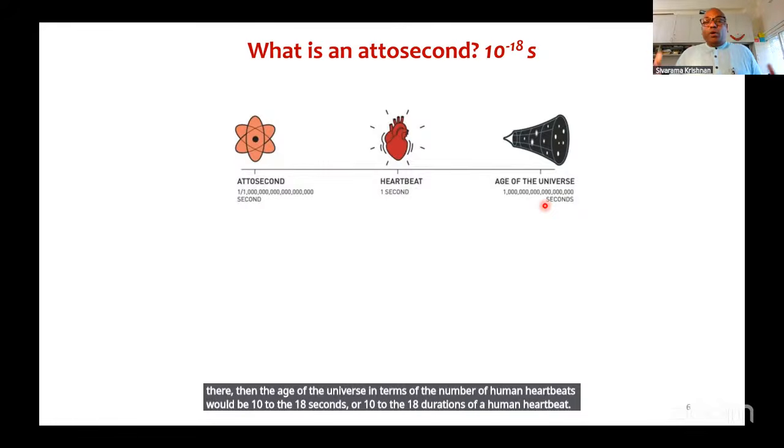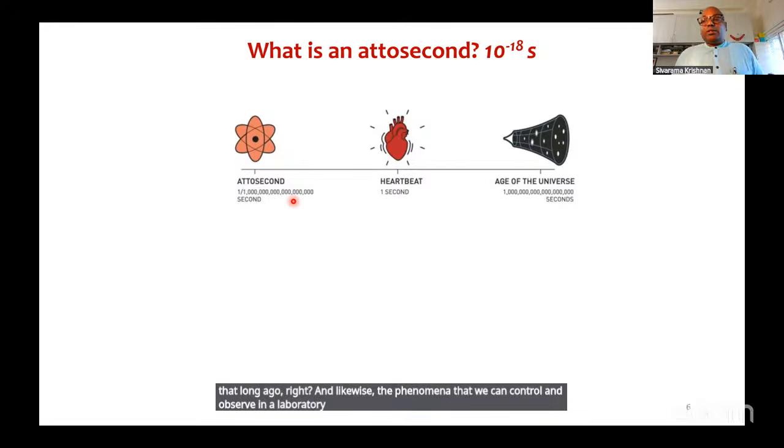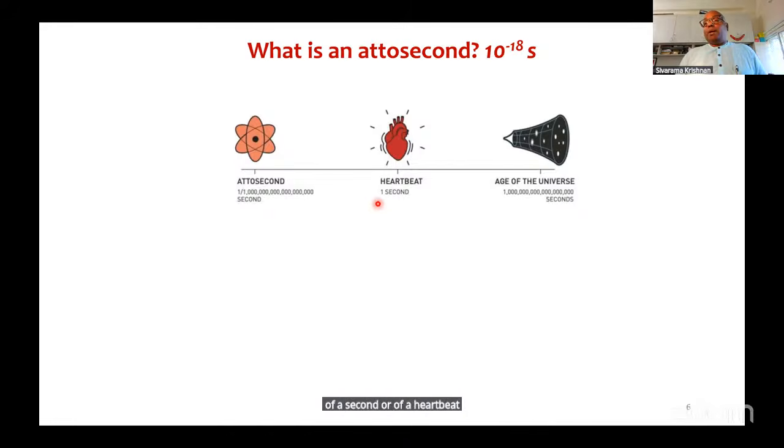It's that long ago, right? And likewise, the phenomena that we can control and observe in a laboratory, the shortest time span on which clocks can tick for us in order to measure such phenomena lies on the other end of the scale at 10 to the minus 18 of a second or of a heartbeat. So that's the magnitude of difference in terms of the heartbeat.